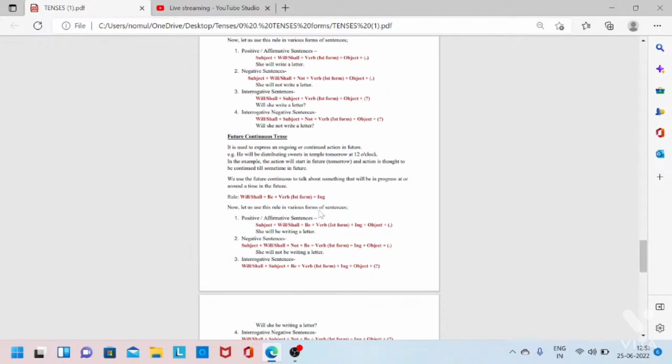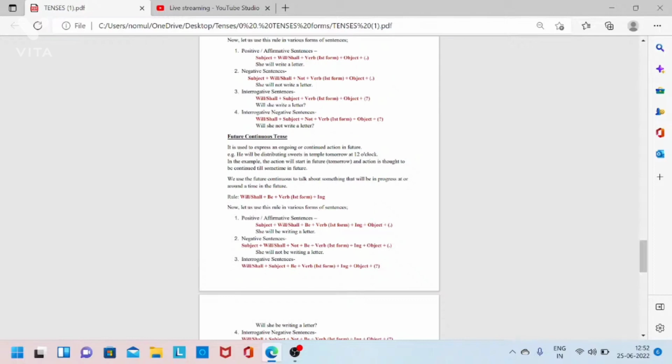Future continuous tense is used for expressing an ongoing or continued action in the future. He will be distributing sweets in a temple tomorrow at 12 o'clock.